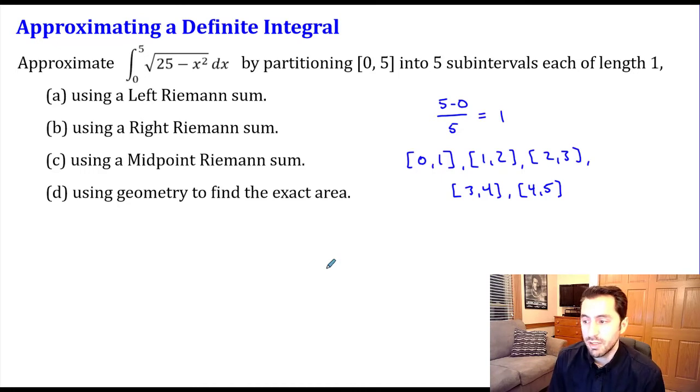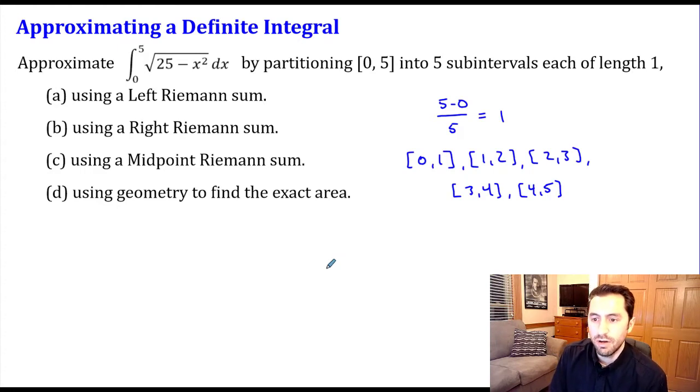The right Riemann sum, which means we'll be using the right endpoint. And the midpoint Riemann sum, which, exactly like it sounds, uses the midpoint of each subinterval. And this function is actually a semicircle, so let's finish up by using geometry to find the exact area so we can compare.